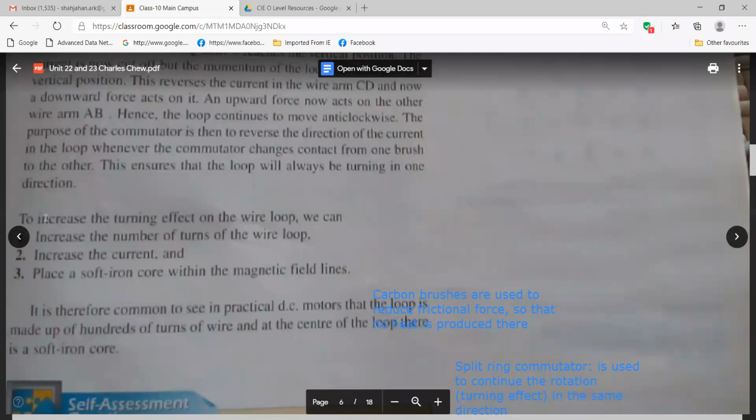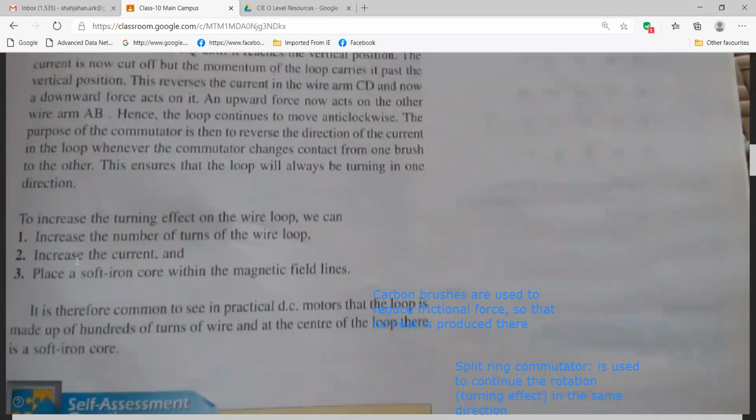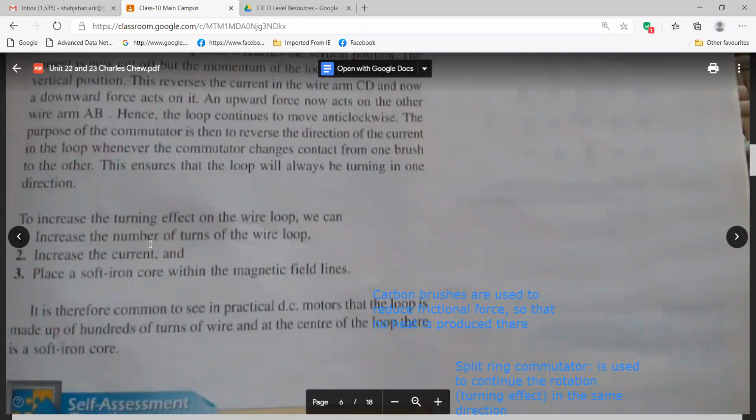This one you already wrote before. Again, you write here: to increase the turning effect on the wire loop, we can increase the number of turns of the wire loop.